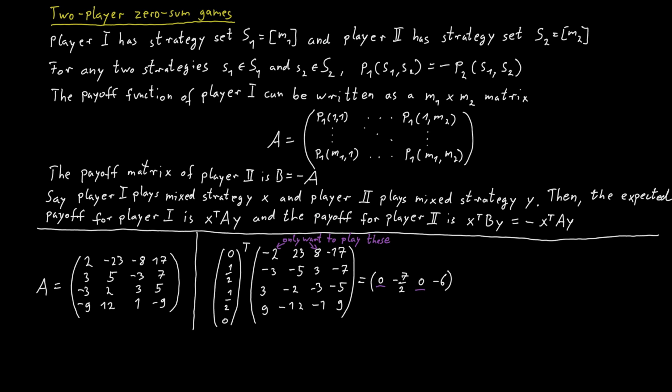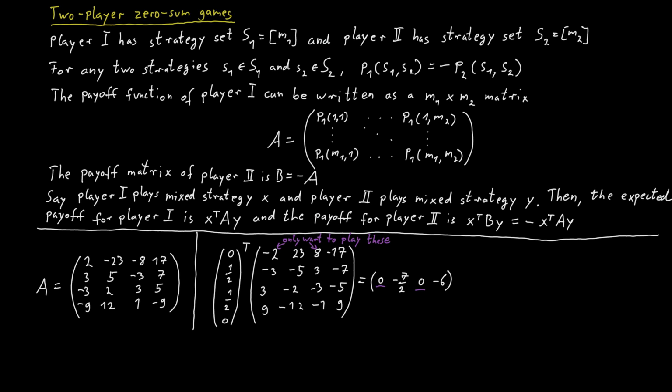So a best response to this strategy of player 1 would be to play either the first column or the third column, or any mix of those two strategies. But the strategy that corresponds to the second column or the fourth column should be played with probability 0 as a best response.